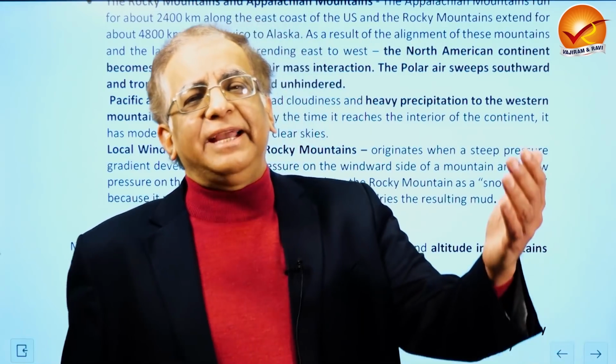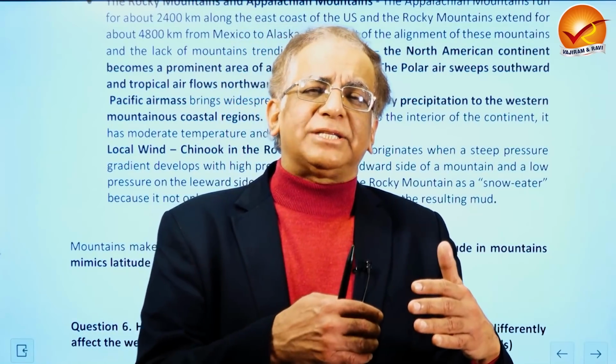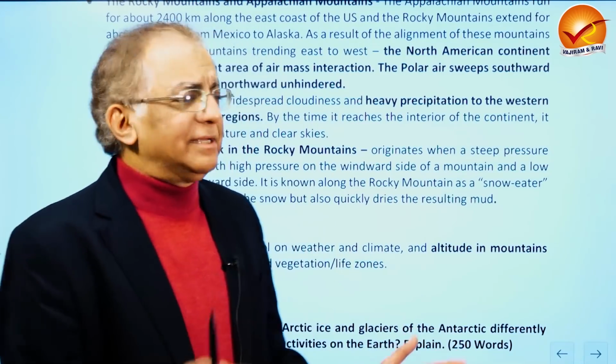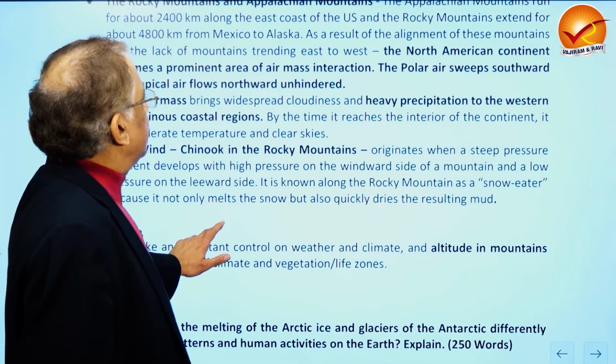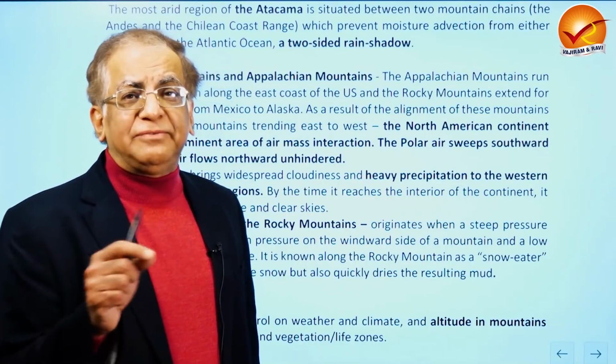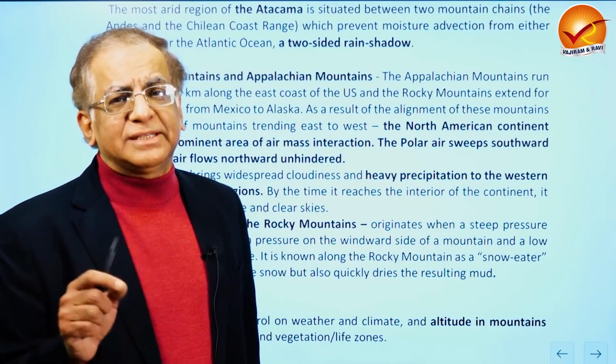Air masses coming from the higher latitudes and air masses going from the lower latitudes interact very freely in North America. It is all because we do not have an east-west alignment of mountains in North America.